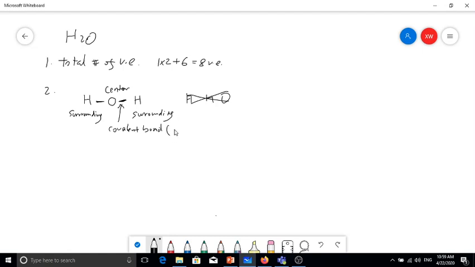Now, each covalent bond is composed of a pair of electrons. Now, once you put down at least one covalent bond between each surrounding atom and the central atom, now you're connecting 3 atoms in one compound.